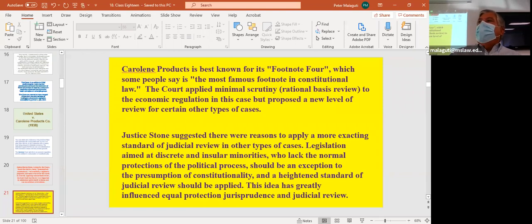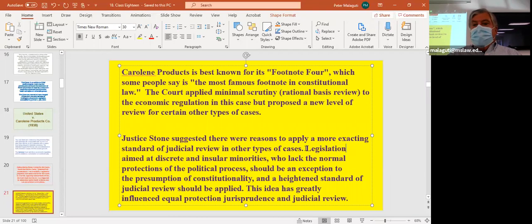Footnote 4, however, is a precursor. It is pointing out that in some cases, instead of applying this minimum level scrutiny, rational basis review, like we do in economic cases, in other cases, a heightened form of scrutiny will be required. It's not the case that it applies here, but here's what he says.